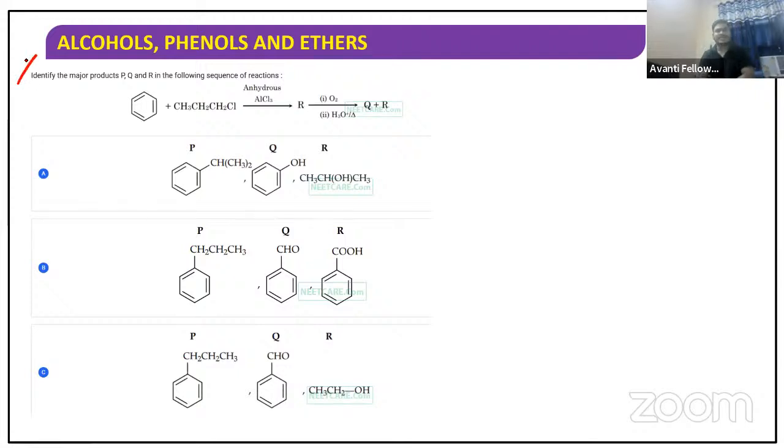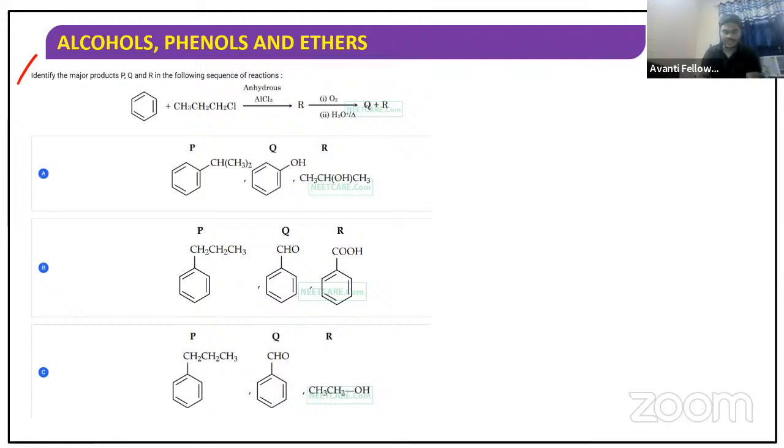That is identify the major product P, Q, R in the following sequence of reaction. So we have the following sequence of reaction P, Q and R. We need to identify the PQR. So in first step, we have benzene. So when benzene is treated with CH3CH2CH2Cl, right?